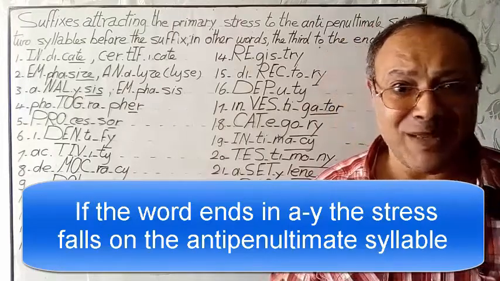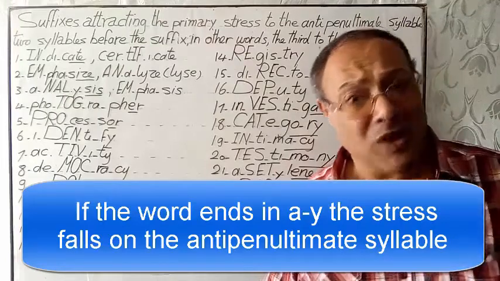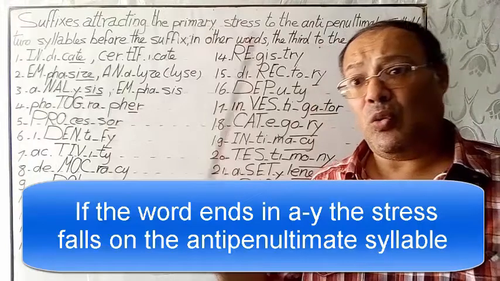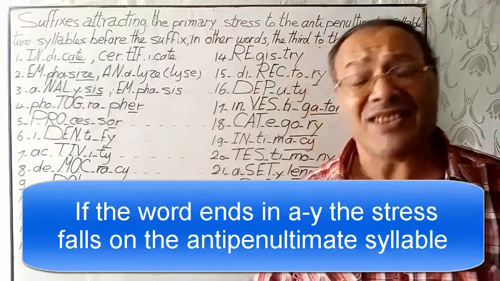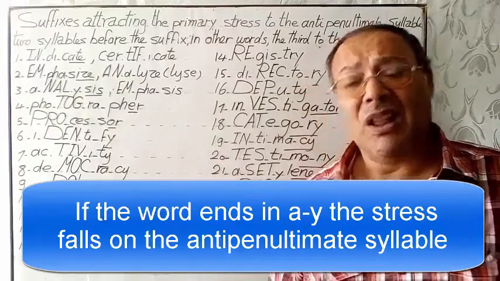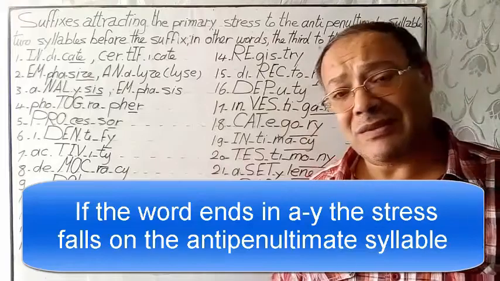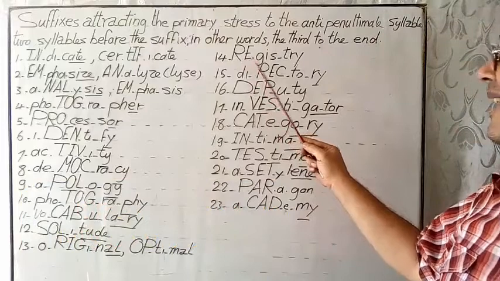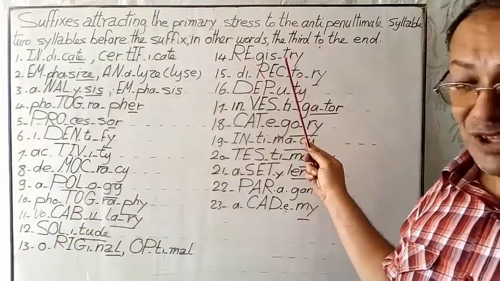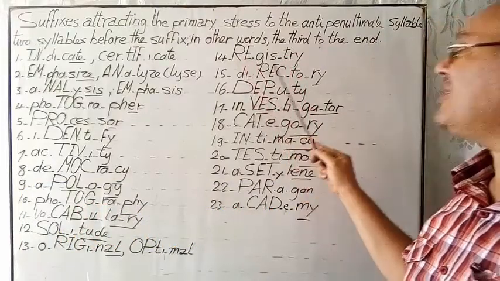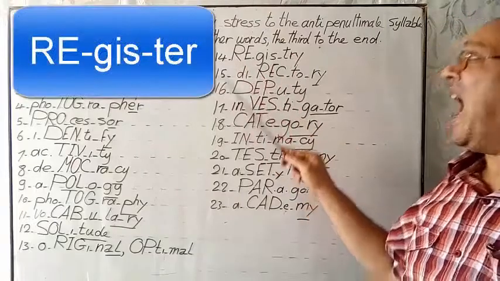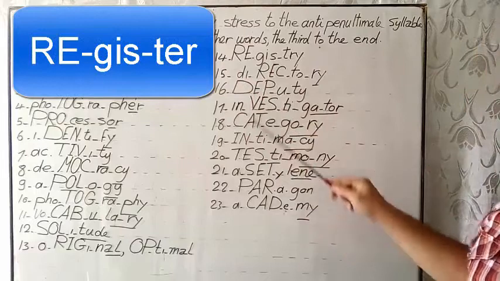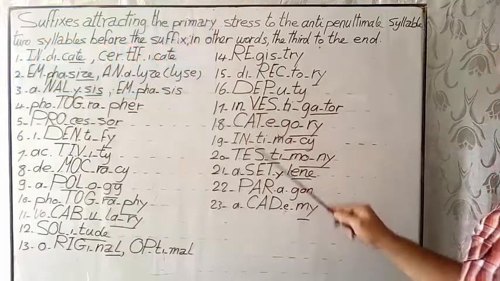So generally speaking, if the word ends in Y, the antepenultimate syllable more often is stressed. So here we have final Y. Registry, not registry. Directory. Deputy.